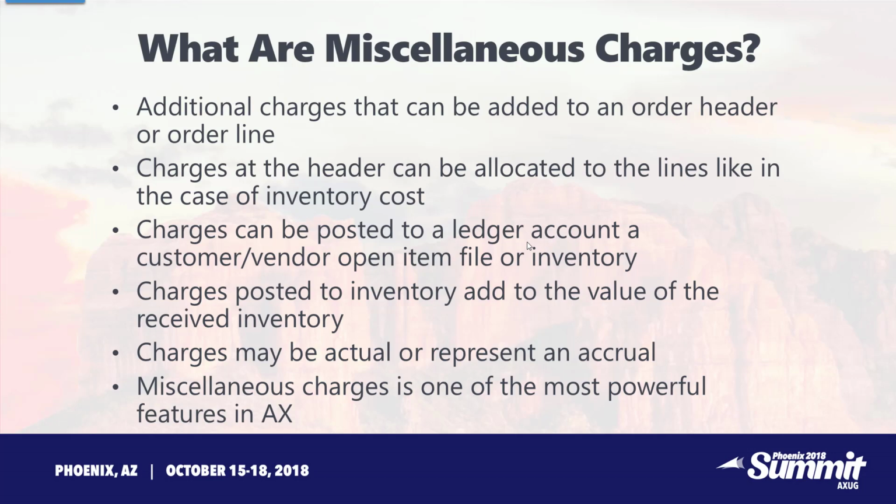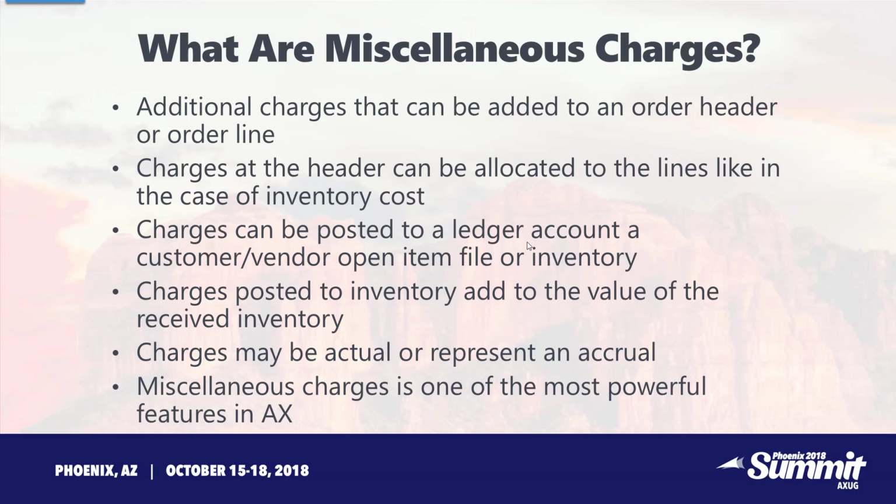And so if it's at the header, you allocate it to the lines. And usually I prefer the method of value. The more expensive that line is, the more we allocate to it. But there are other allocation methods. From the standpoint of posting, you can post to a ledger account, a customer or vendor, or an item on the other side.